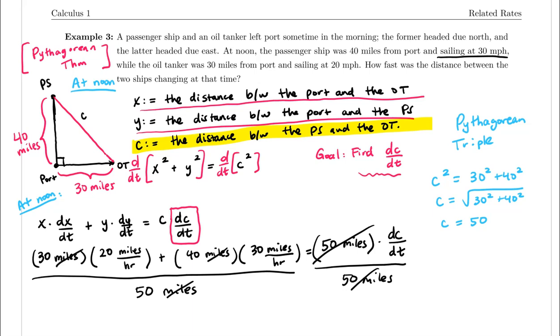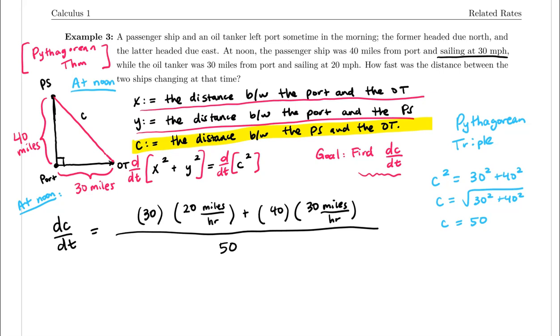So my final units are going to end up being in miles per hour, which makes sense given what we are doing. So I'm going to clean this up a bit. All right, so if you end up simplifying this fraction, you end up getting dc/dt is equal to 36. And then notice that the units that would be remaining are miles per hour plus miles per hour, so our final units would be in miles per hour.